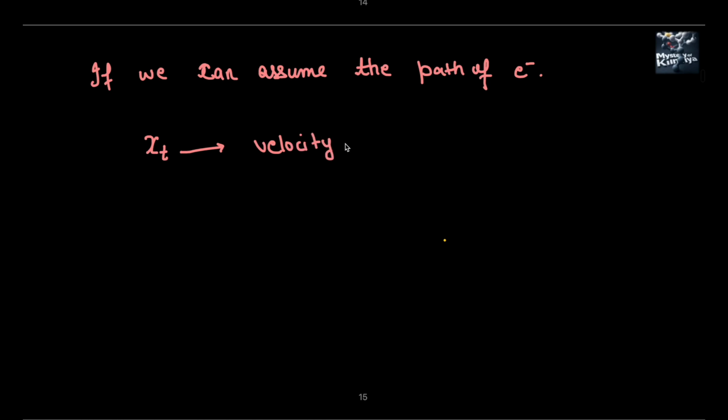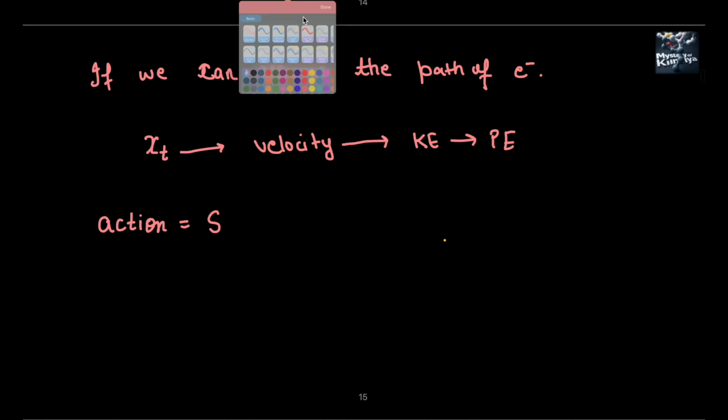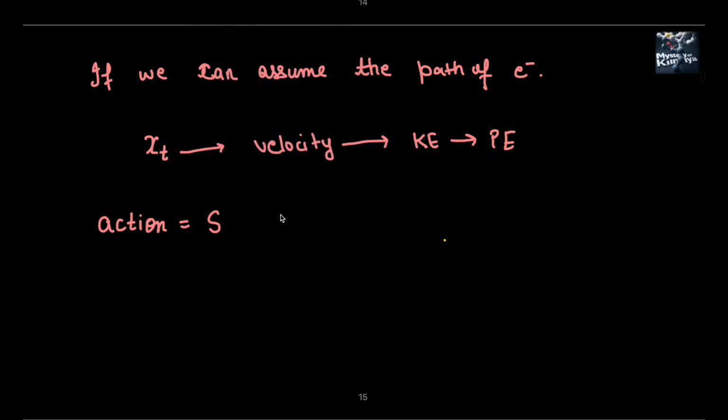If I can find the velocity, then we can definitely find the kinetic energy and then the potential energy. The term action is denoted by capital S, and this action is basically the integration with respect to time from t1 to t2 of the difference of kinetic energy and potential energy associated with a particular path.